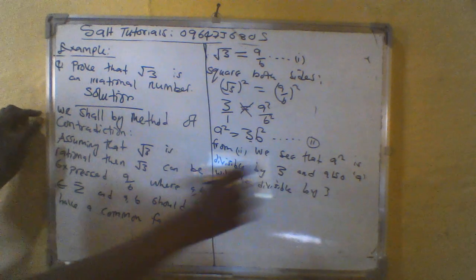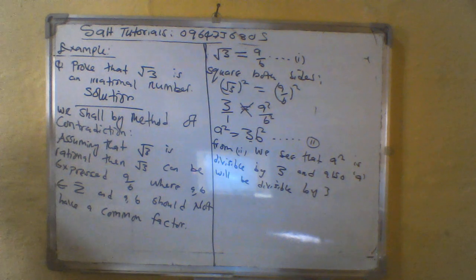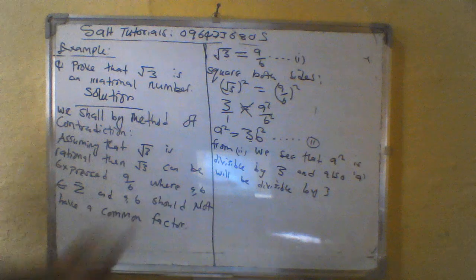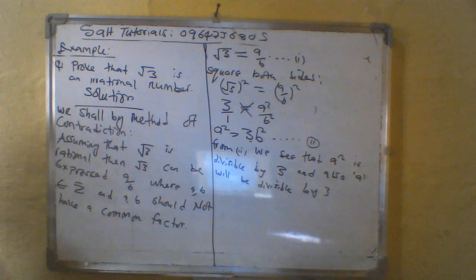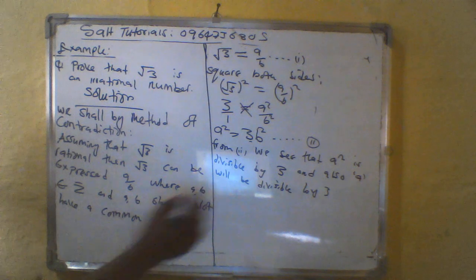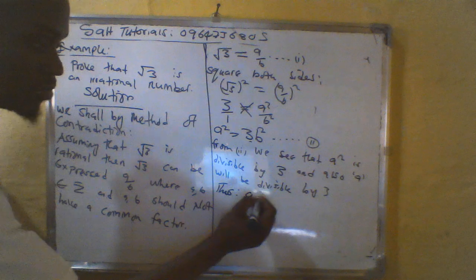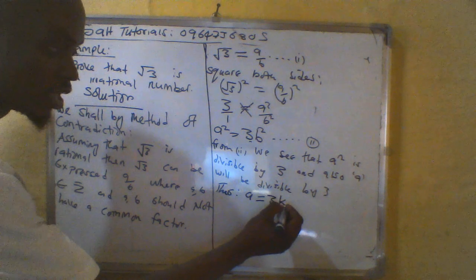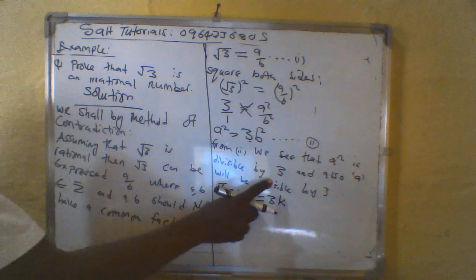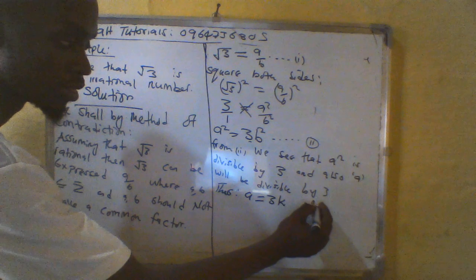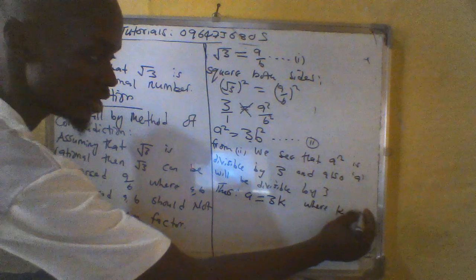If a squared is divisible by 3, it implies that a will also be divisible by 3. From this statement, we can now come up with an expression for a. So a can be written in the form of 3k, because a is divisible by 3, where k should be a member of the integer set.